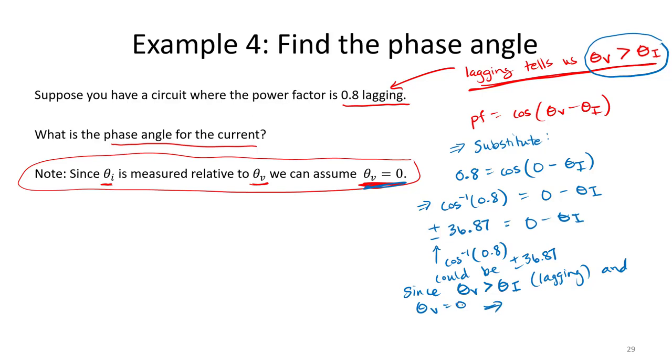That means, in this case, theta I must be less than 0. So theta I must be equal to negative 36.87 degrees in this case. So notice it's very important to pay attention to what the leading and lagging tell us in order to identify the correct phase angle at the end of our question.